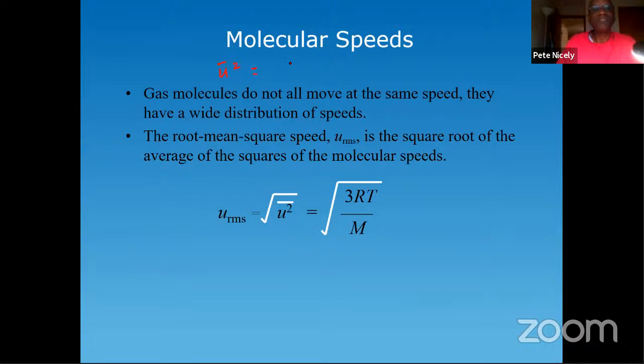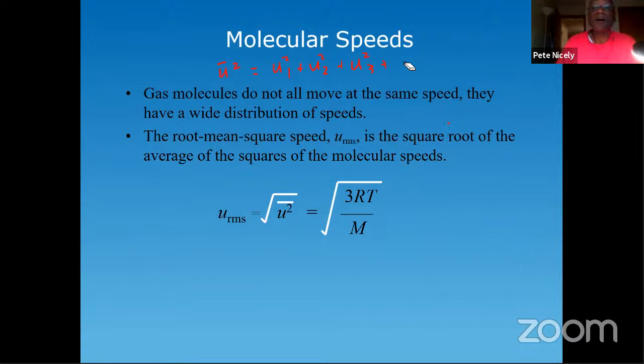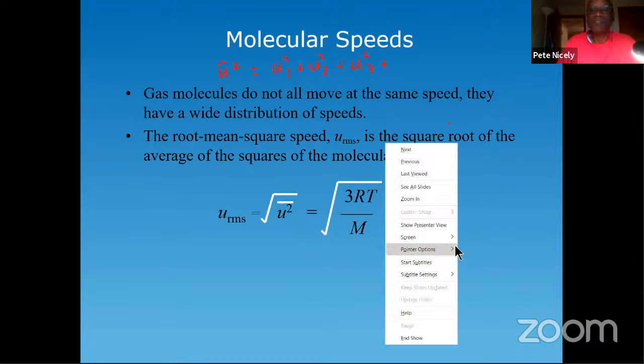The average squares of the speeds of the molecule will be equal to the square of gas molecule 1 plus the square of gas molecule 2 plus the square of gas molecule 3 and so on. Oops, I'm sorry. Let me erase this here. And let me go back to my pen function.